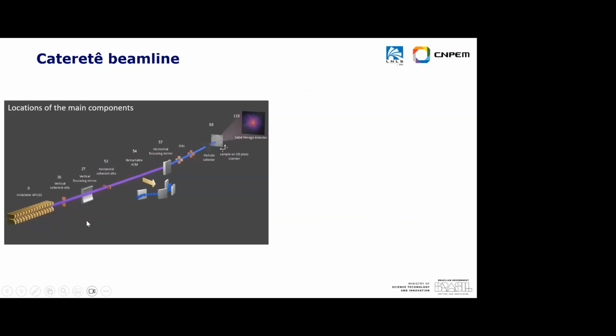Just a few details about the beamline. I'm not entering into this technical part, just for curiosity. As I told you, coherence is a characteristic of the Sirius beam. It is produced with a high coherence mode, and what we try to do at Cateretê is to keep this coherence, only cleaning the beam a little bit. For this, we touch the beam as little as we can.